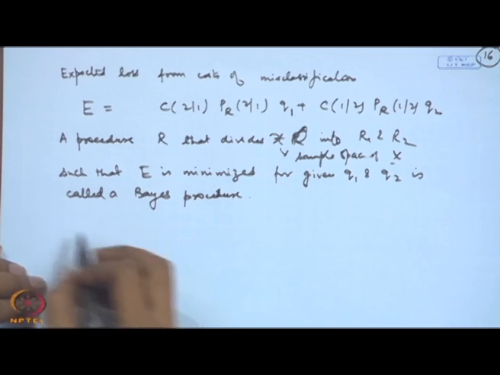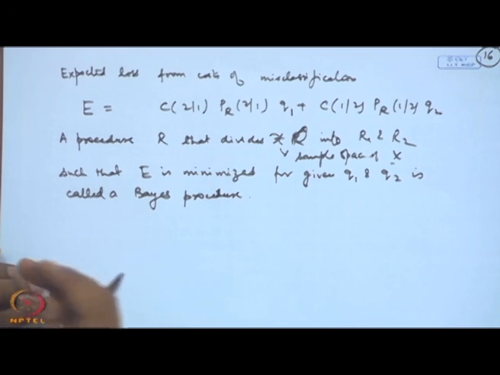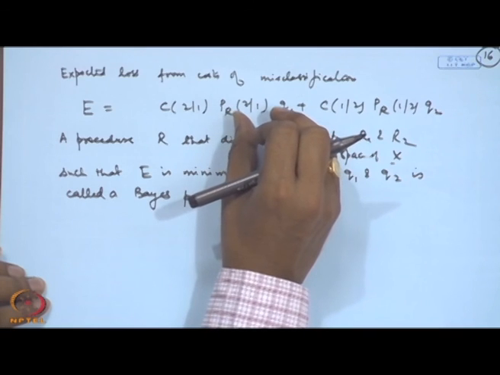There can be another way when there is no prior information, then I will have two different terms, that is the probability of misclassification from the first one and the probability of misclassification from the second one. So, let me define that also.